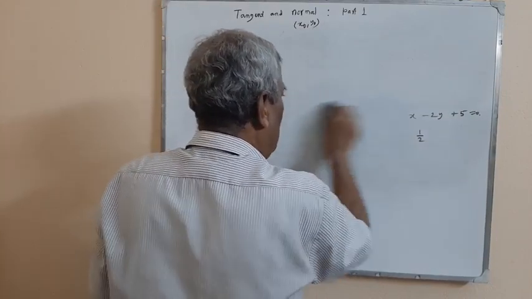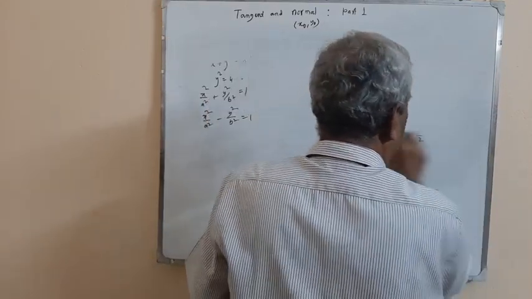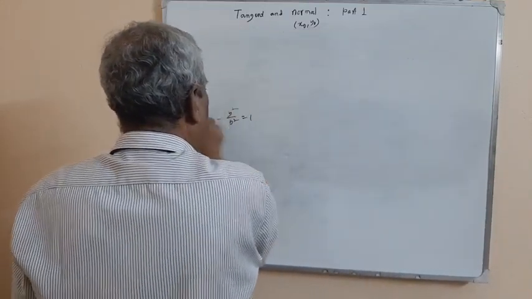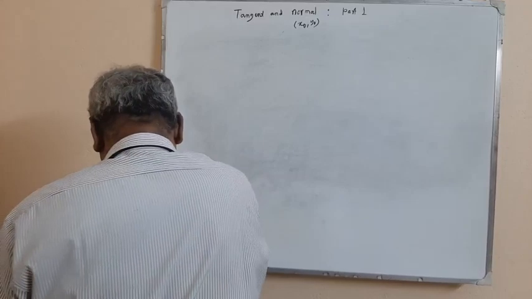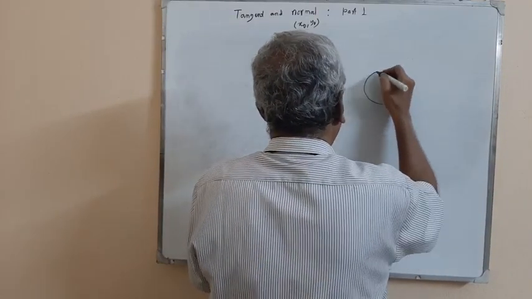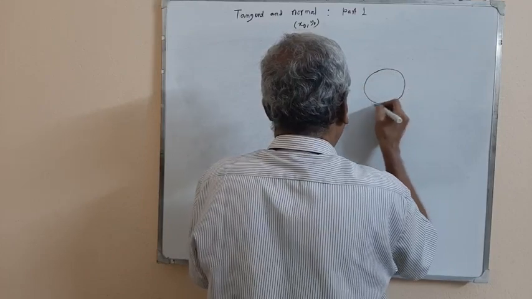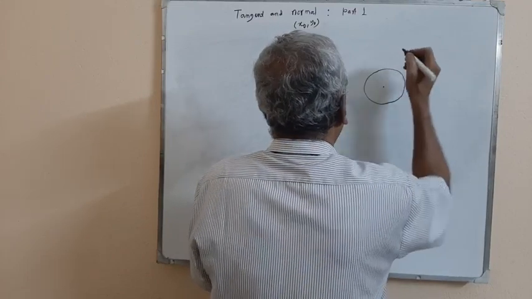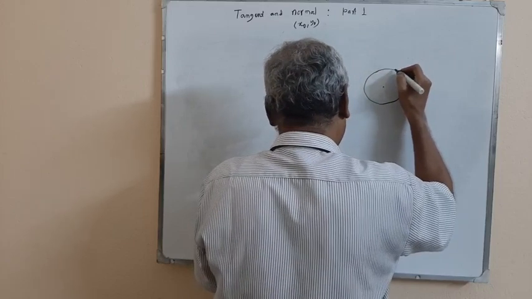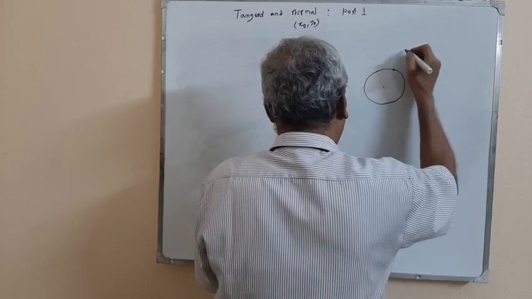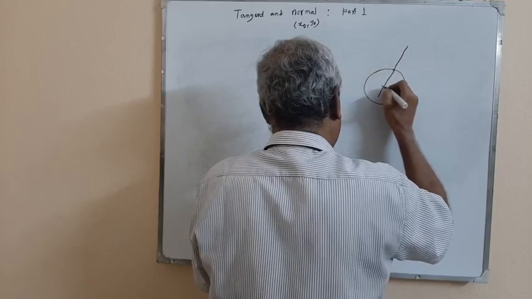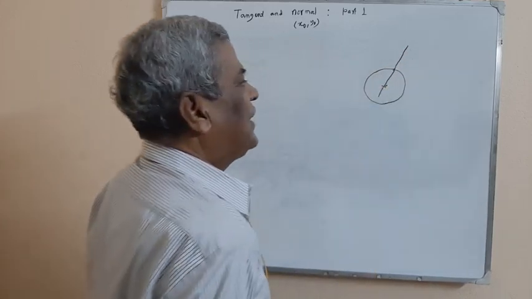Normal for circle only. Equation of normal for any circle. Suppose this is a circle with its center. At any point, whether it is on the circle or outside it, the equation of the normal must pass through the center of the circle.